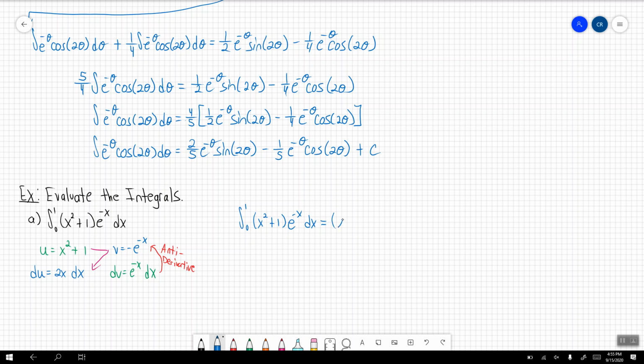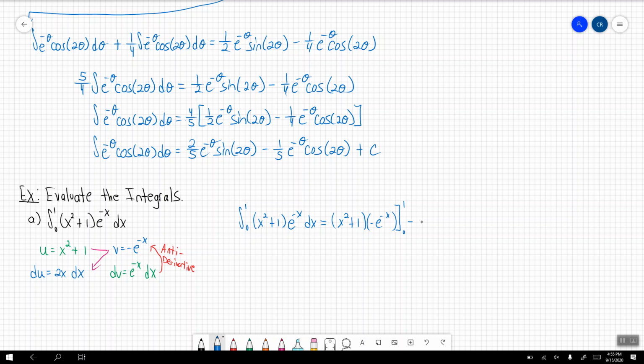That's going to be x squared plus 1 multiplied by v, which is negative e to the negative x. Now I'm going to stop right here, because since I have limits of integration, I need to evaluate that specific term for those limits of integration.